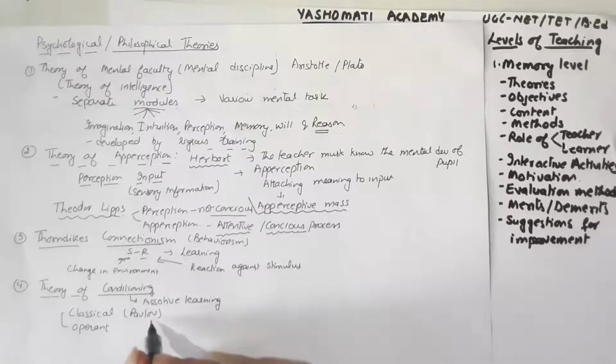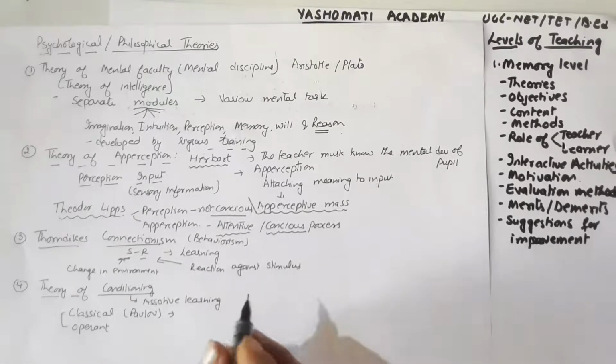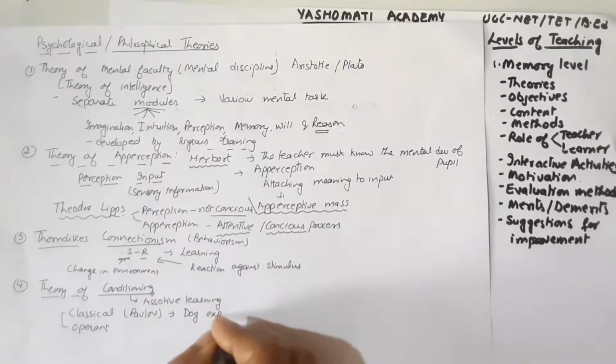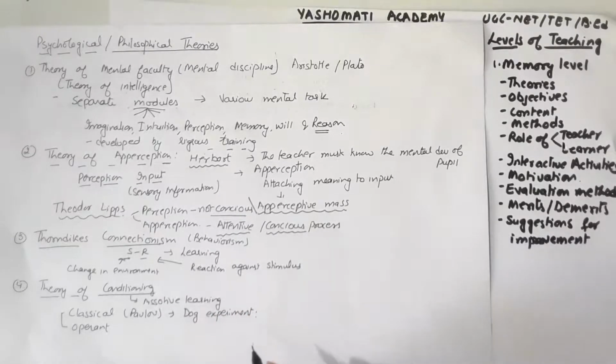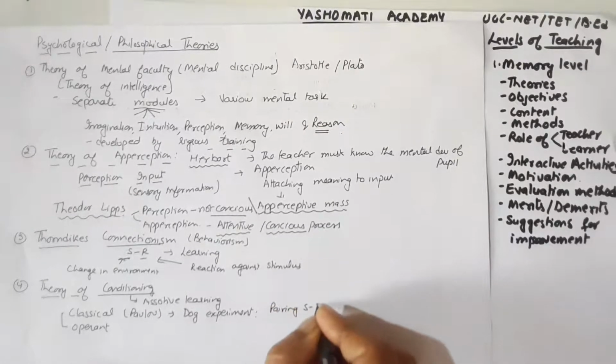Pavlov did some experiments with animal subjects, and whatever he found is equally useful for human subjects too. There is a very important and well-known experiment conducted by Pavlov, called Pavlov's dog experiment. The result of this experiment is used to explain pairing between stimulus and response.